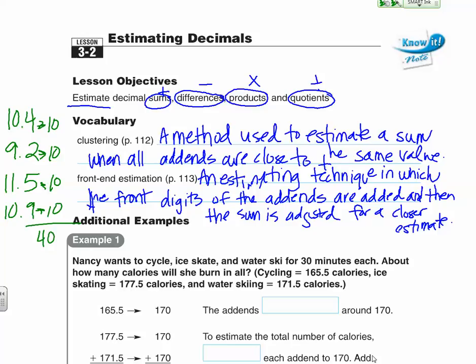If we round everything to 10, we have some numbers that are higher and some numbers that are lower, and so it all kind of works out. That's the clustering technique. Front-end estimation I'm going to use with you in an example coming up.